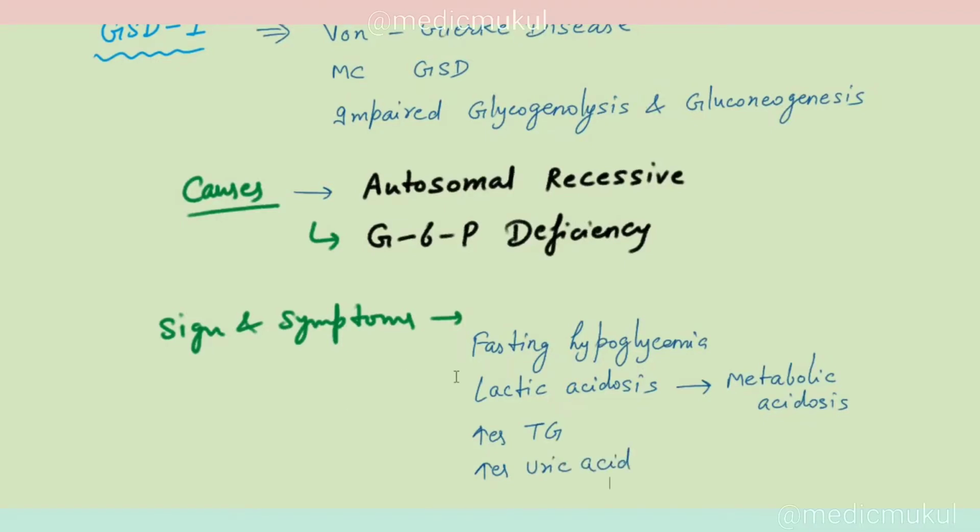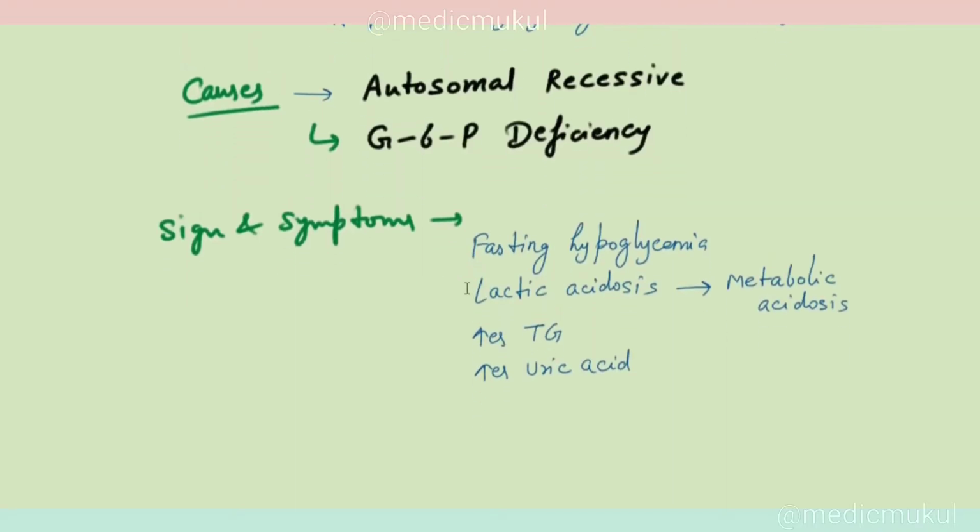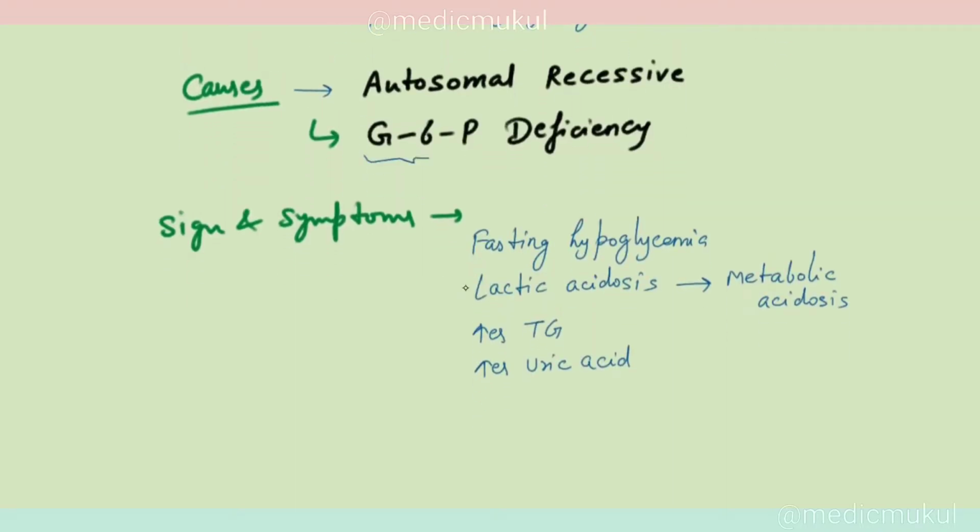Now, what are the target organs in which GSD will occur, and which organs will be affected? Remember always that the glucose 6-phosphatase enzyme is mainly present in the liver, most of it, 90%, in the liver, and nearly 10% in the kidney.